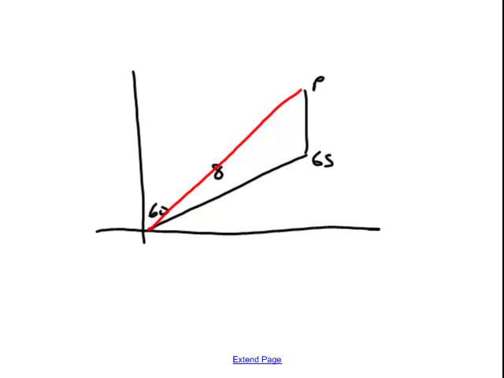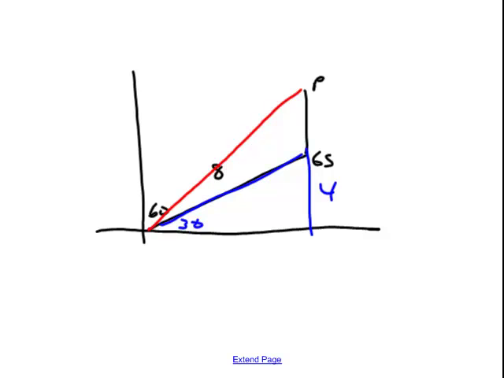Let's see if we can figure out a right triangle. I think in order to find a right triangle, I'm going to go down here. Let's see if I can find some things out. If this line here is 8, and this is 60 degrees, this angle here is a 30-degree angle. So that's the hypotenuse of a 30, 60, 90 triangle. This must therefore be 4.